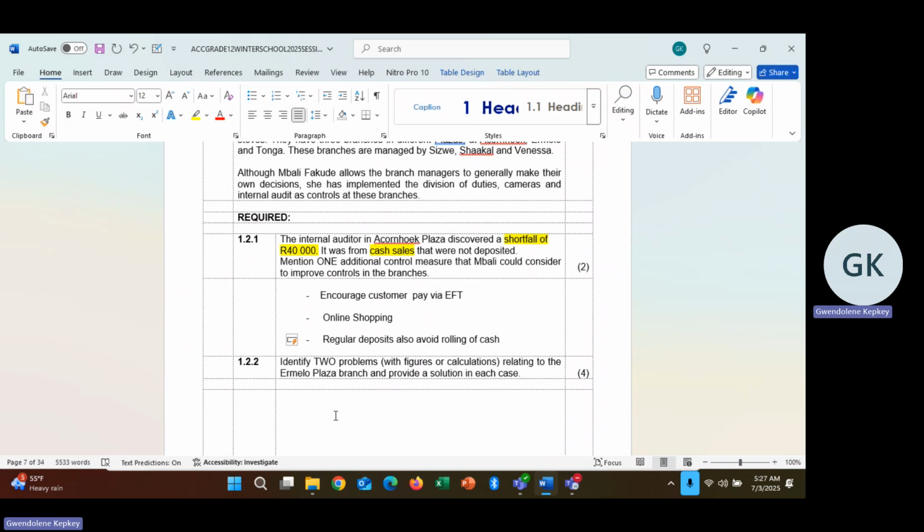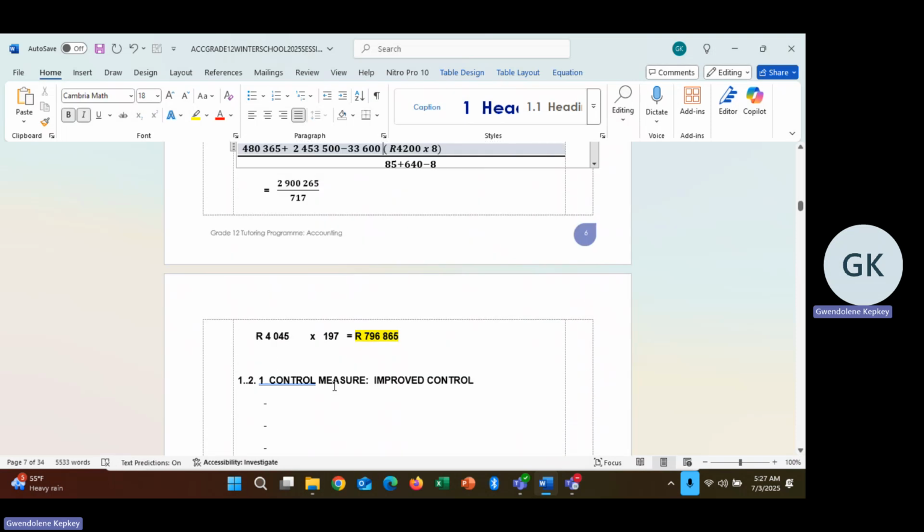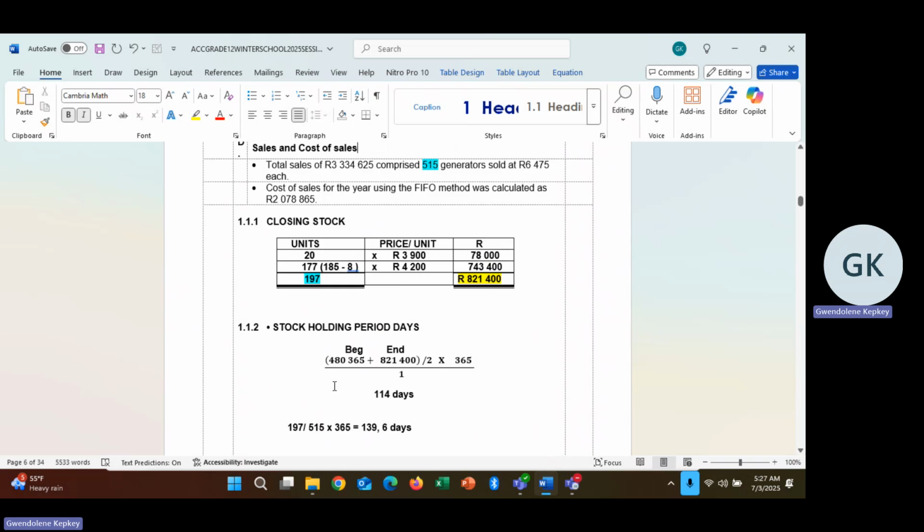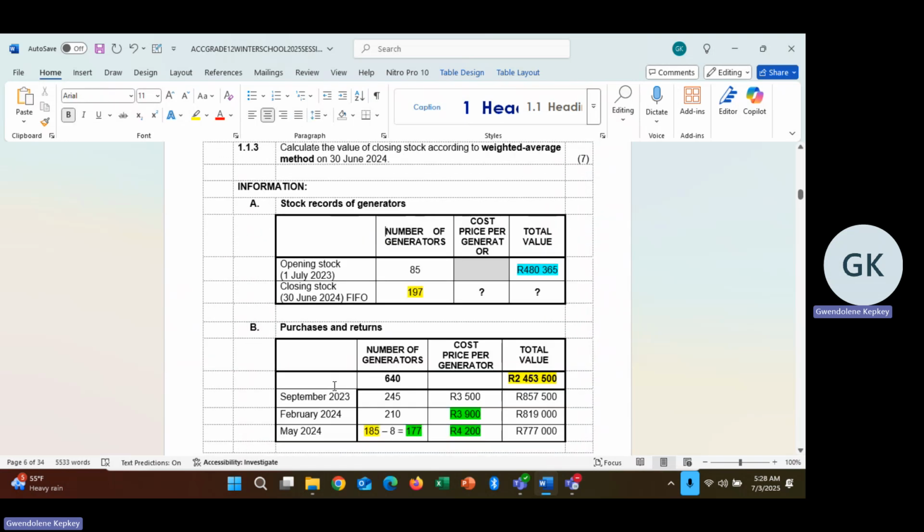Right. Now, the next question, we must now identify possible problems indicating that with figures and calculations relating to the Ermelo Plaza. So we will only be able to do so, grade 12s, if we actually move and we go to that information.